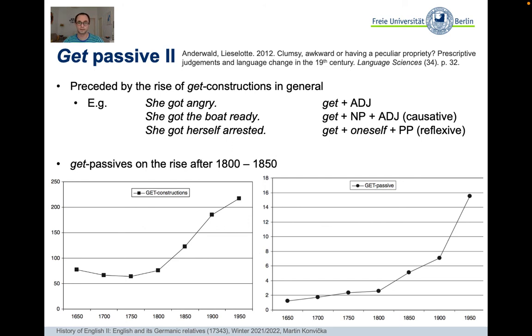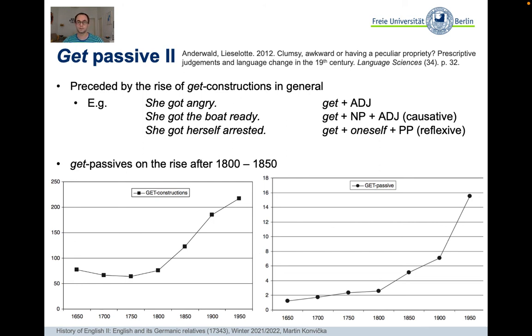And those were, for example, the combination of the auxiliary get with an adjective, or the combination of get with a noun phrase and an adjective, sort of a causative, to cause something to be a certain way, to get something. And also a reflexive construction with the reflexive pronoun oneself and a participle.